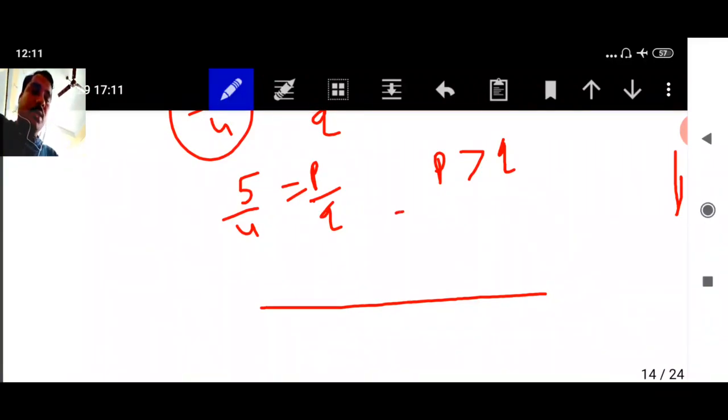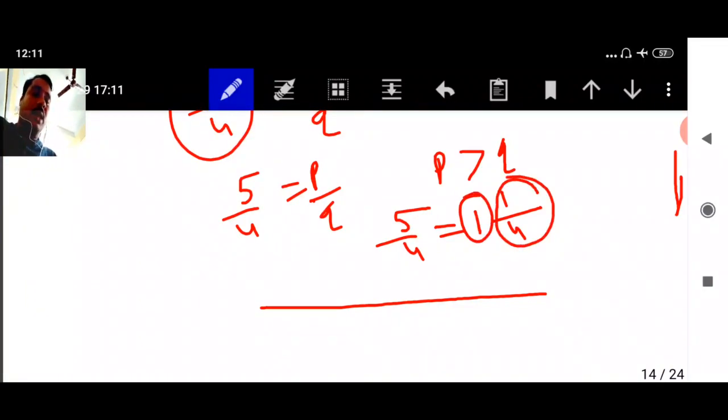We first convert 5 by 4 as 4 ones are 4, plus 1 by 4. 1 is the whole and 1 by 4 is the rational.